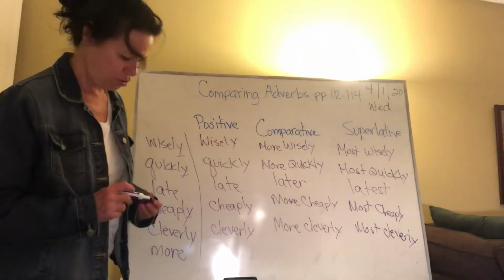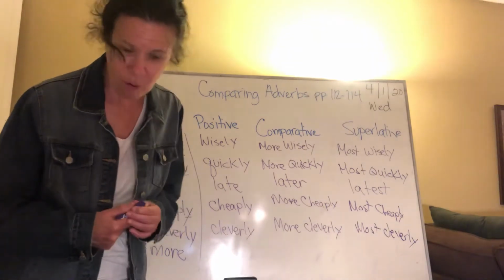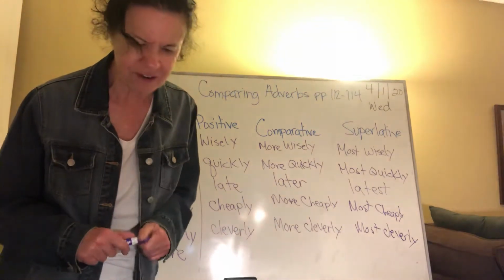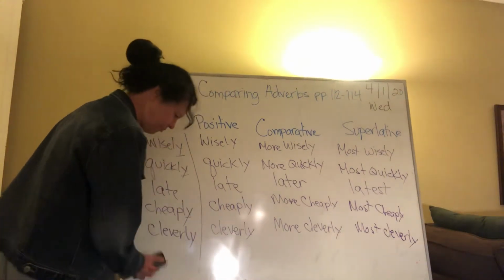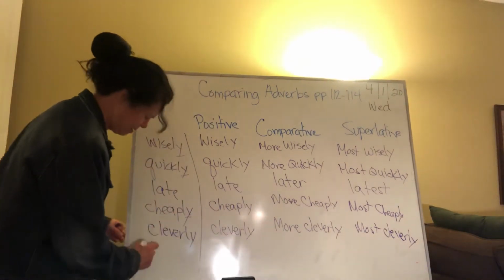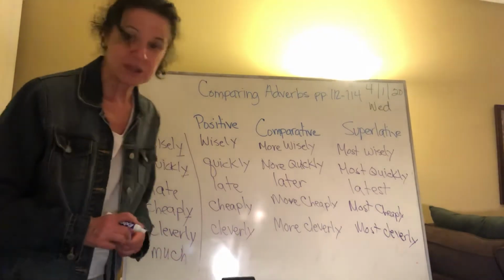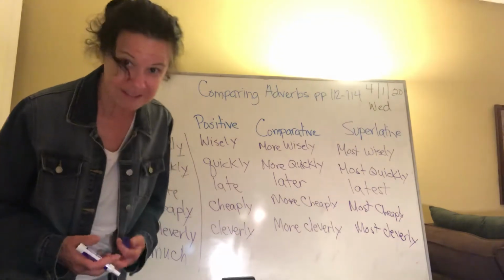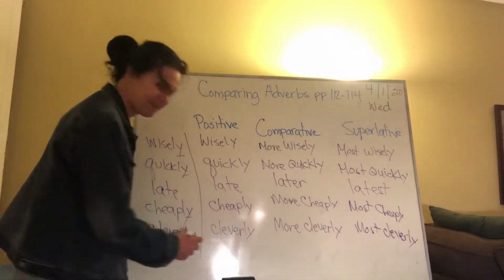Now, the next word is much. Are we going to say more in comparative or moreist? No, we're going to use a totally different word. I'm sorry, I gave away the answer. Forgive me. So we have much. All right? So we're not going to say mucher and muchest. Our positive is what?